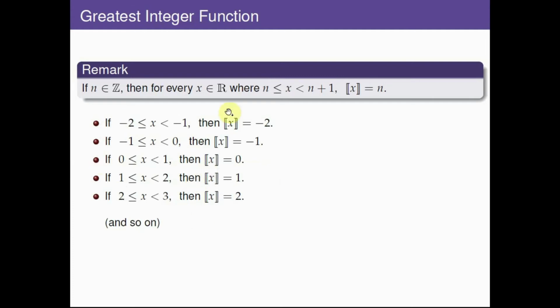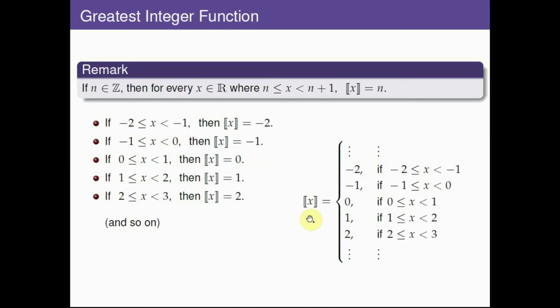So we can rewrite this and say that the GIF of x is the following piecewise defined function. So it's negative 2 if x is in this interval. It's negative 1 if x is in this interval. And so on and so forth. So anong graph nito? Hindi to mahirap i-graph, no? Kasi if x is between negative 2 and negative 1, line lang siya na y equals negative 2.